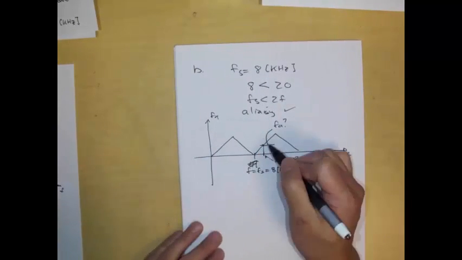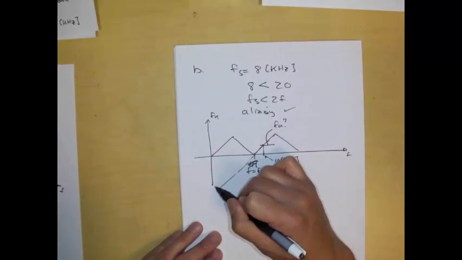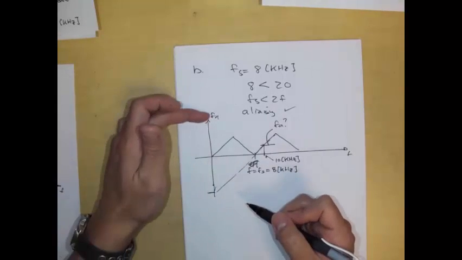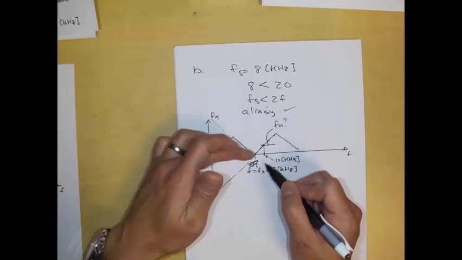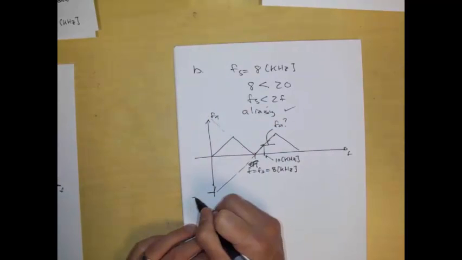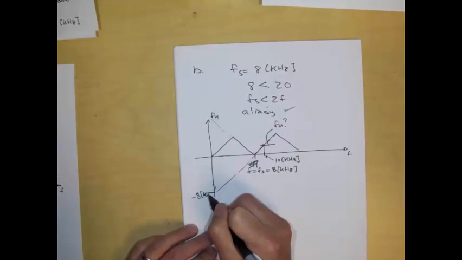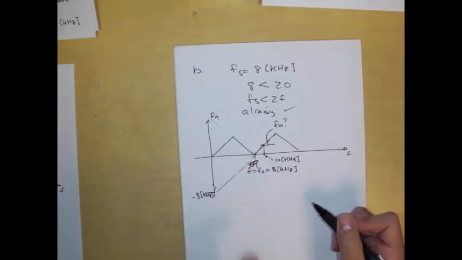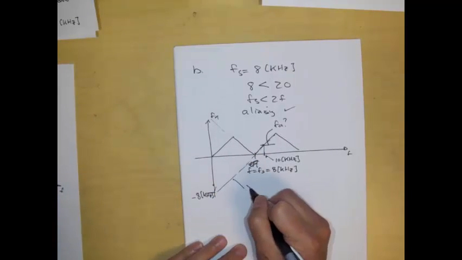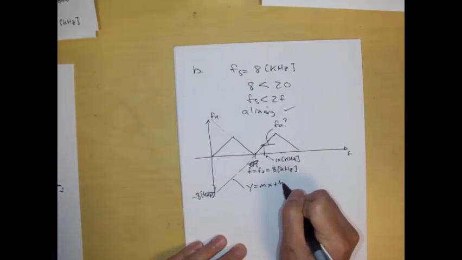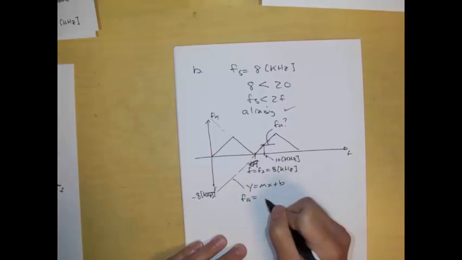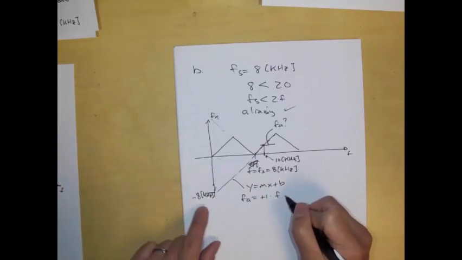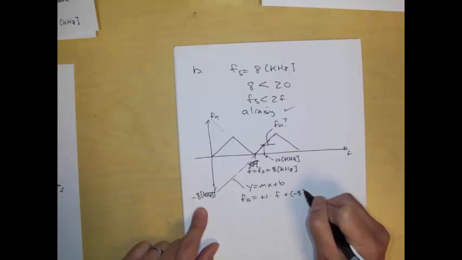Okay, and so this is the point, FA, that we are interested in. Notice we're on a different line here, but because this is still a 1-to-1 scale, this point is now, instead of positive 11 like this point was, it's now negative 8 kilohertz. Whatever this point is over here, because it's a 1-to-1 relationship. So we have y equals mx plus b, which is FA equals a positive 1 slope now, times F plus negative 8 kilohertz.